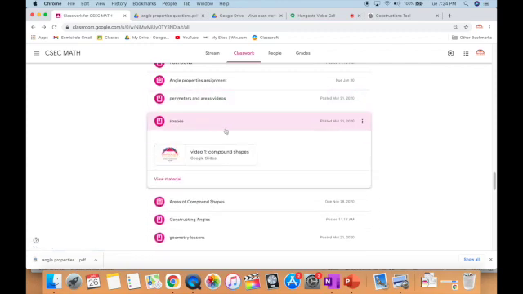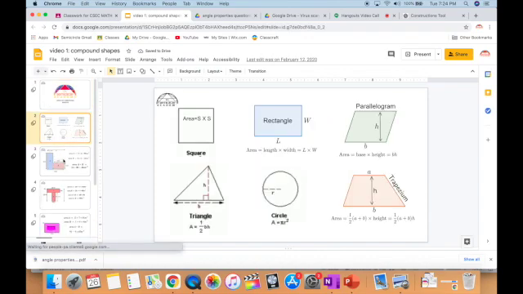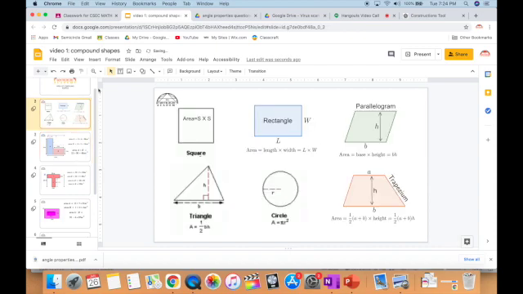And there is another video here. This is just the Google Slides that I used in the video, on compound shapes. So whilst you're watching the video, you could follow along with it.